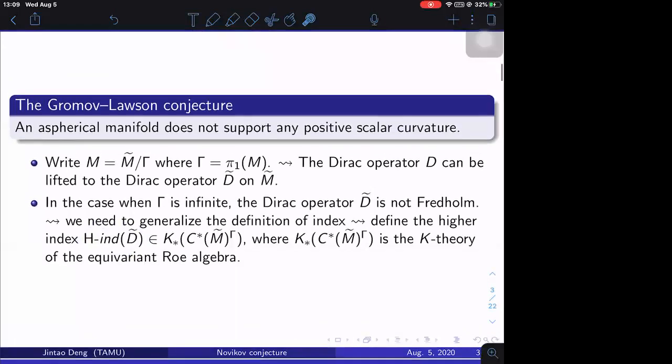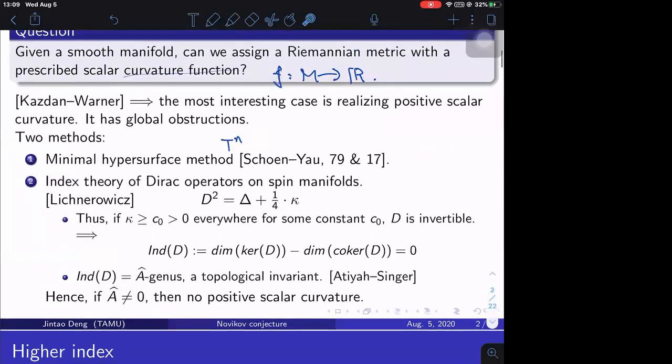Because if we go back to this baby version of the Gromov-Lawson framework, in the universal covering, this formula also holds.